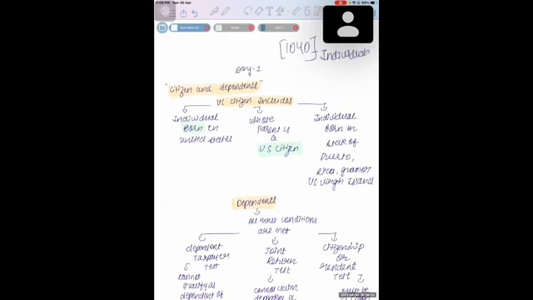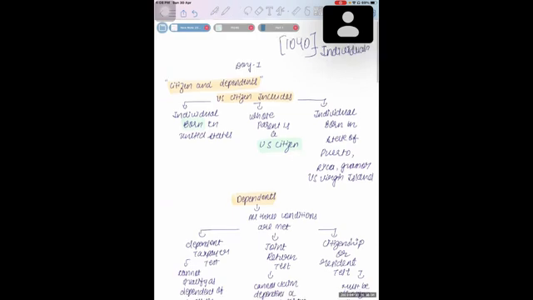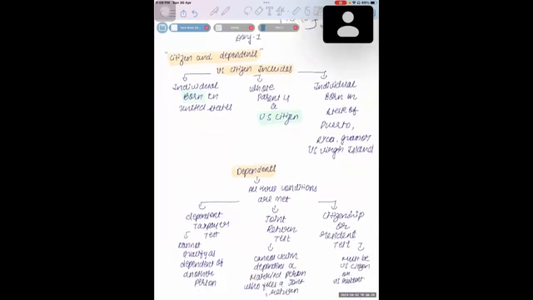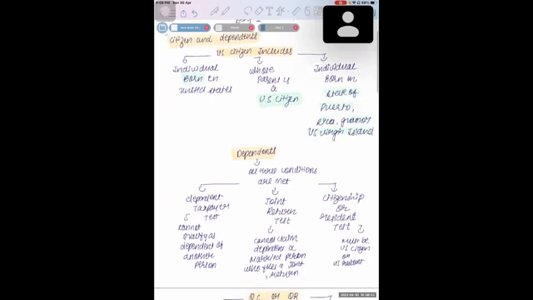And the third person is if an individual is born in Puerto Rico, Guam, or the US Virgin Islands. These are separate territories, but even if you are born there, you will be called a US citizen. So this is the definition of US citizen. Why are we learning this?